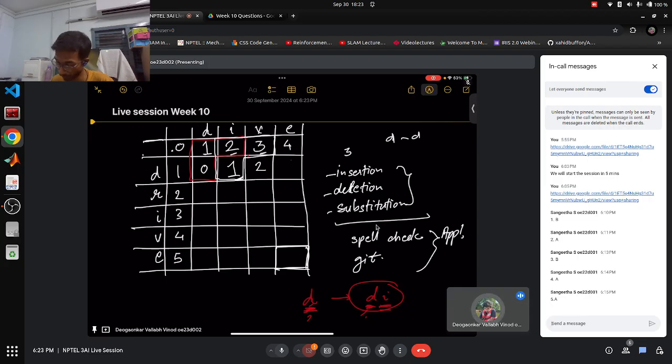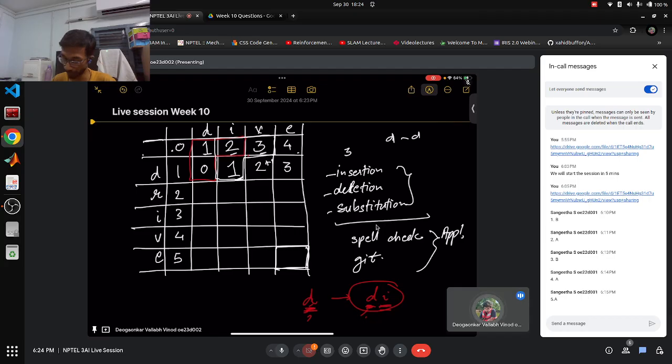And similarly you can fill in the next one. Since for D and DIVE only the last letter is not common, you need to make 3 insertions of I, V and E. So that gives us again 3 here, which is again the minimum plus 1.